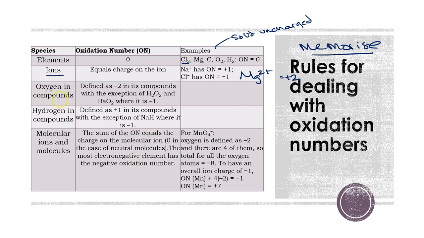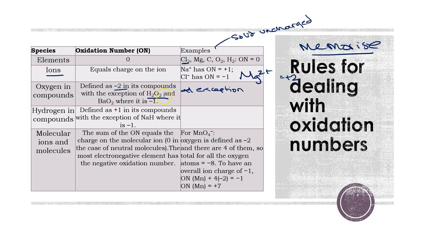Oxygen, when in compounds, is always given the value -2, except, because there is always an exception in chemistry, where it is in peroxides, H2O2, or barium peroxide. In both these cases, it is -1. And you can see that from the way the formula is.